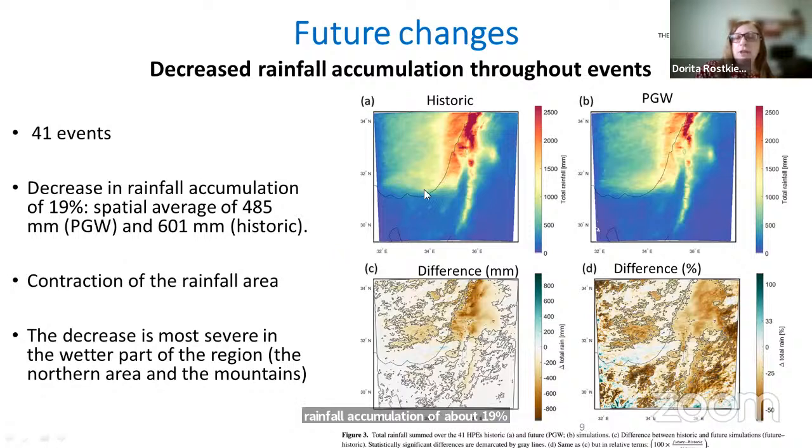Here, the spatial average was 485 millimeters, while here it was 600 millimeters, while here about 500 millimeters for the 90th percentile. We also see that the area of rainfall is contracted after we apply the pseudo-global warming changes. Here we see the difference in millimeters and in percentage, with the gray lines showing the statistically significant areas. We can see that the wetter areas of the region are the ones in which the precipitation decreases most severely.